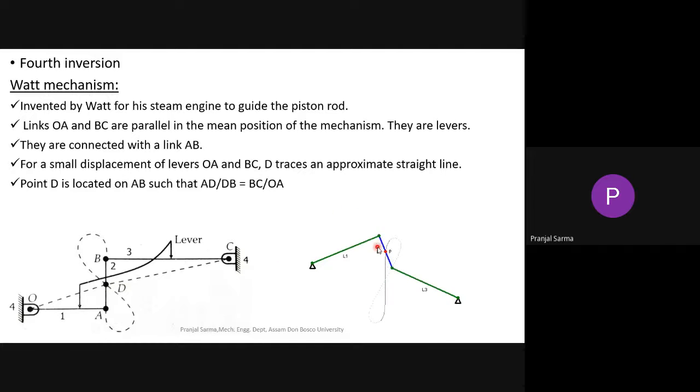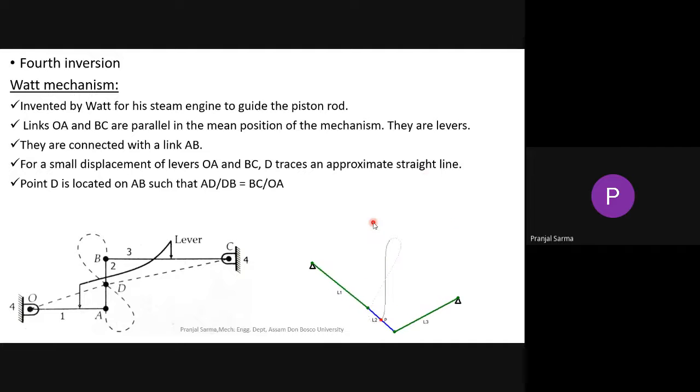As you can see here, if you keep on tracking this red point, that is point P on the link L2, you'll see from here to here it's almost a straight line, and after that it deviates somewhat from the straight line behavior. That's why this mechanism falls under the approximate straight line mechanisms.